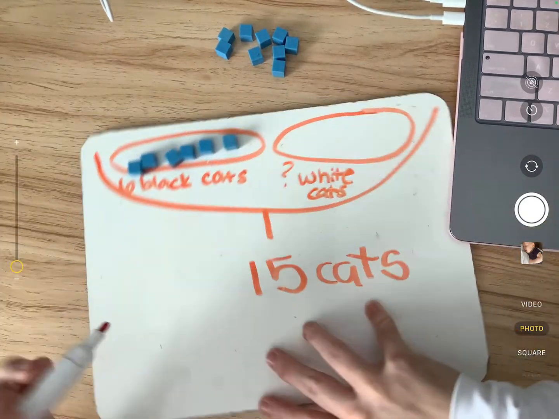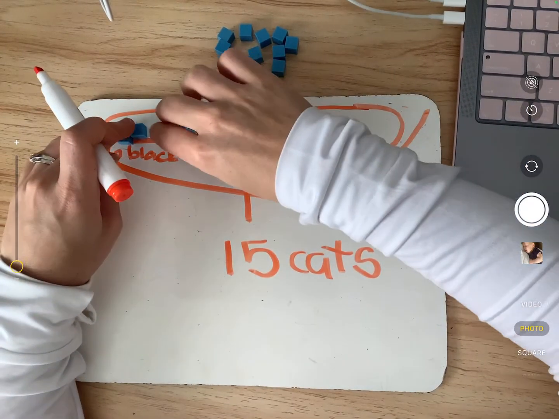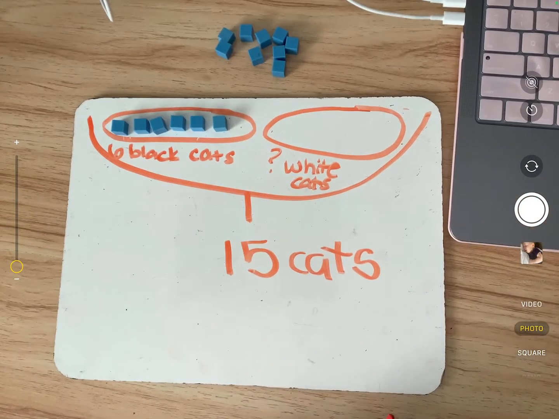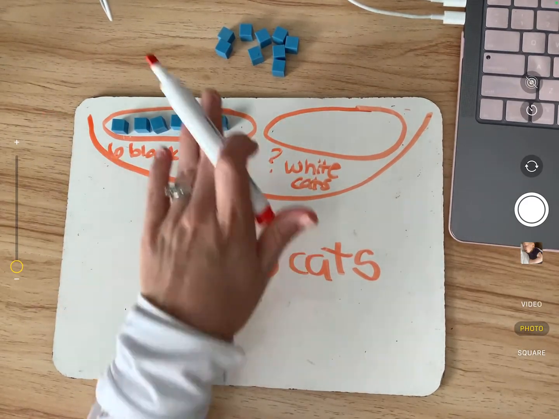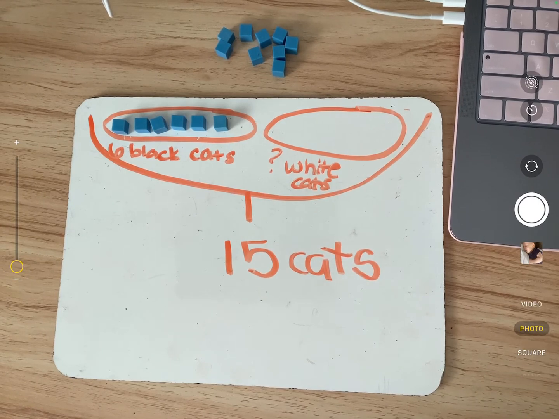Because my question is, how many white cats do I have? How many white cats do I have? How are we going to figure that out? I want everybody to pause the video and think about how we are going to use our cubes here to figure out how many white cats we have. Pause me and answer that question.